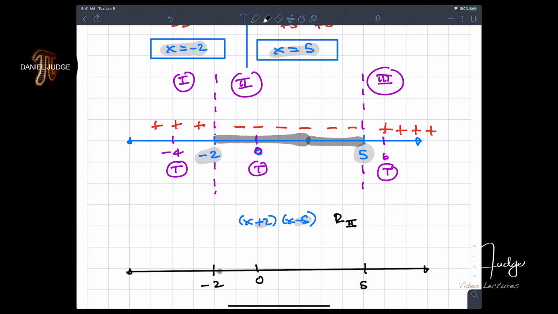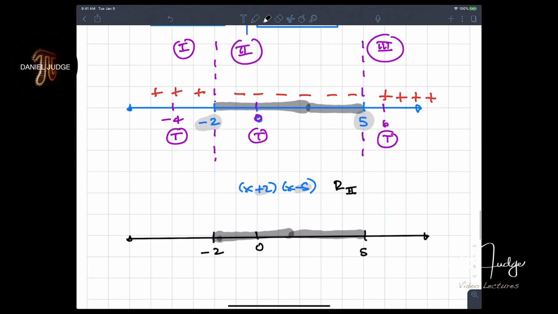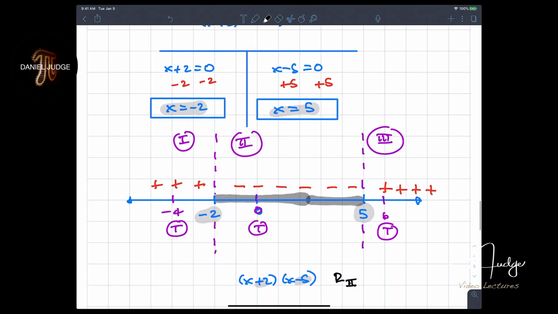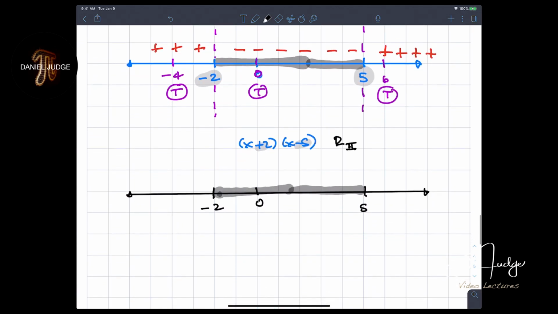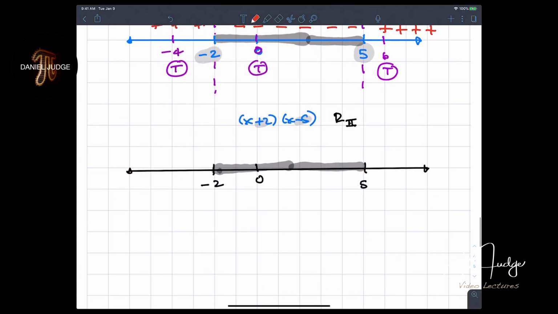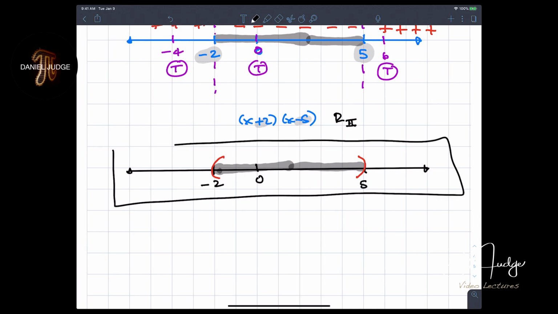So you're going to shade the numbers between negative 2, positive 5. Look at that. Graphing is back. And since it's a strict inequality, strictly less than, you're going to use the parentheses. Ladies and gentlemen, here you go. You have now graphed this.